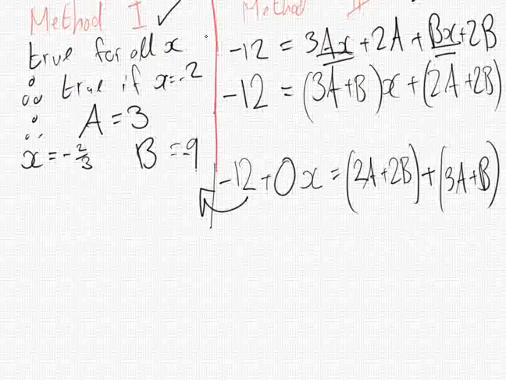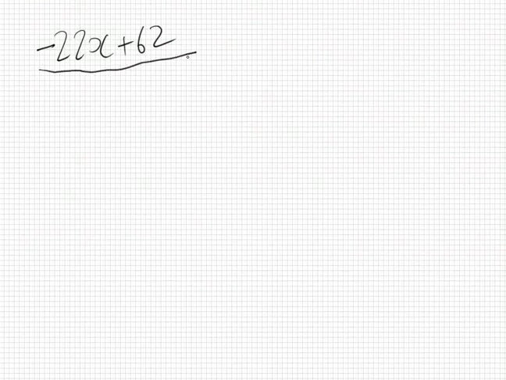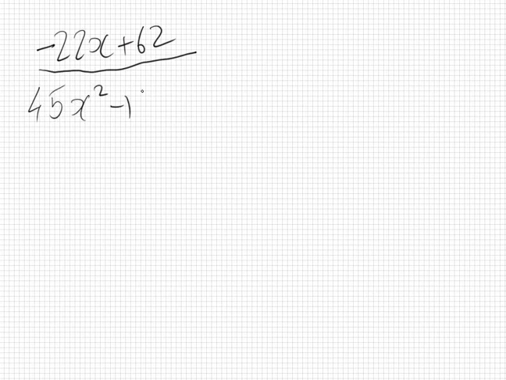So let's have a look at another example. Let's say minus 22x plus 62 over 45x squared minus 19x minus 42.